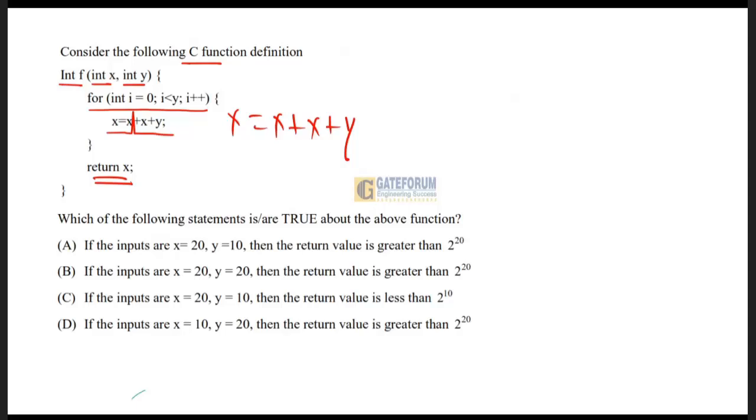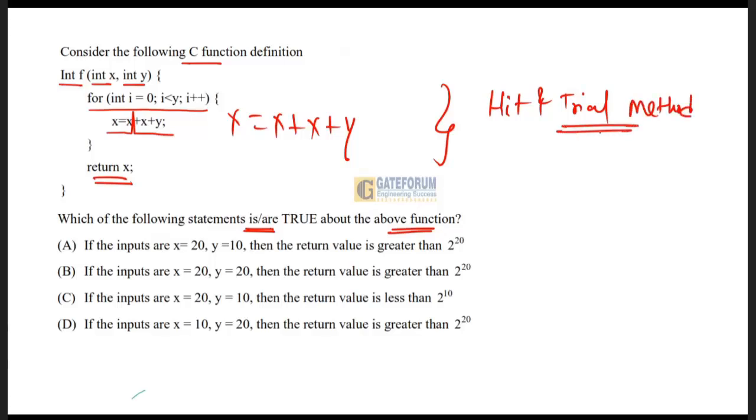The question is, which of the following statements is/are true about the following function? So basically this question is completely based on the hit and trial method. So option A, if you can see, says if the input is x equal to 20 and y equal to 10, then the return value is greater than 2 to the power 20.